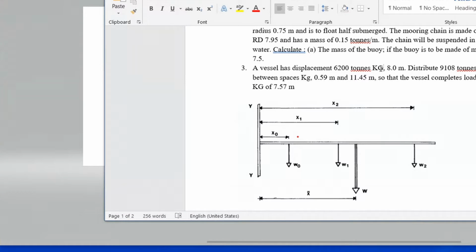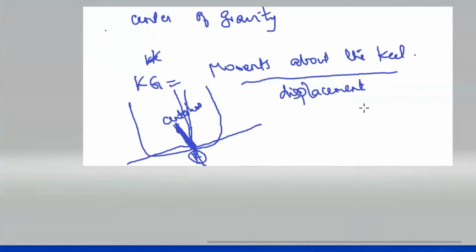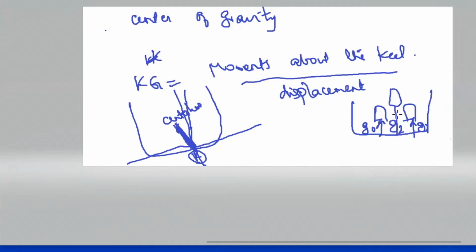Each weight is assumed to be at a point. Let me not confuse you. There is a ship and there are different weights on the ship. What I'm saying is that each weight is at G0, G1, G2, etc. Now the small g, when we say KG0 or KG1 or KG2, means the center of gravity of that small weight.